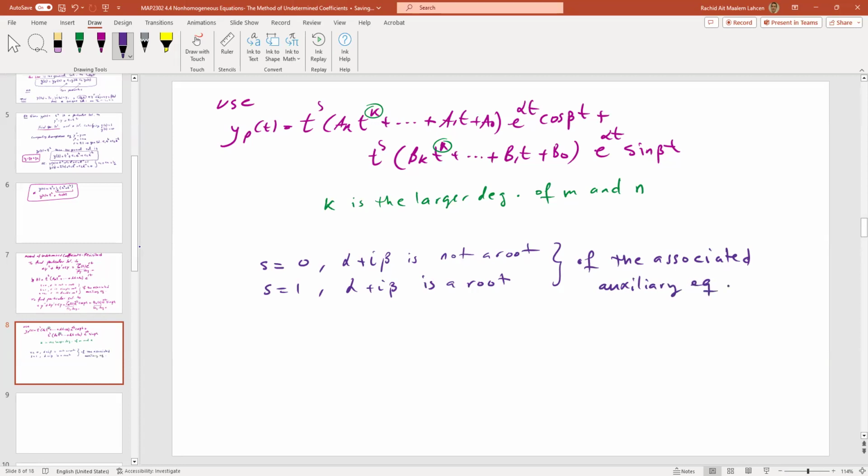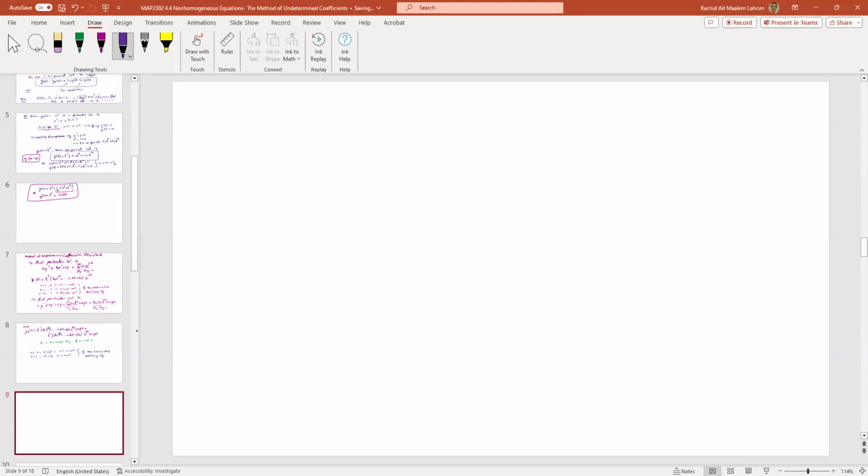All right, so maybe I gave you a quick sketch, then I'll do examples where we're actually solving them. So let's just do a quick example here.